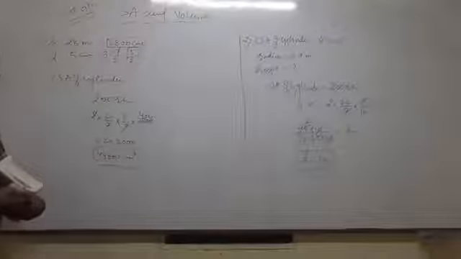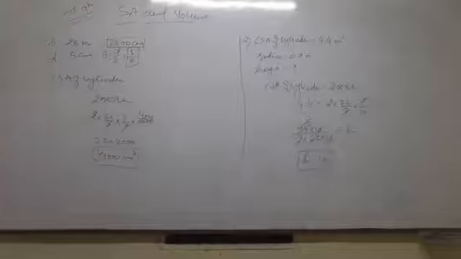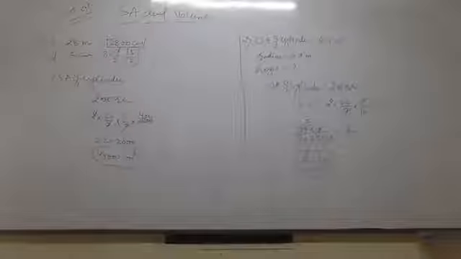Okay, your total radiating surface is 44,000 centimeter square.